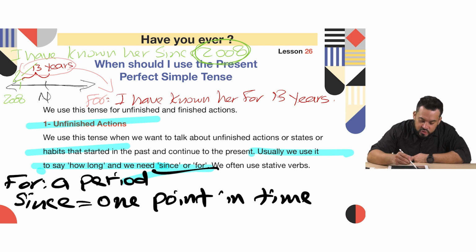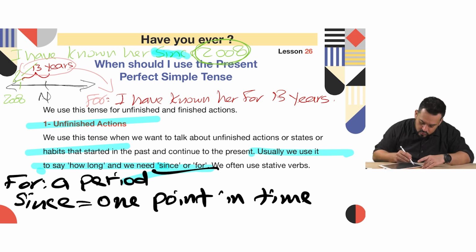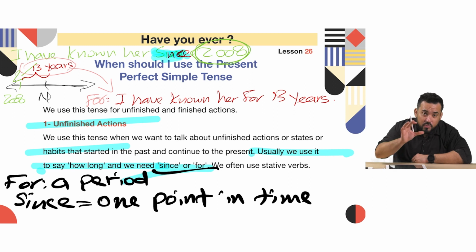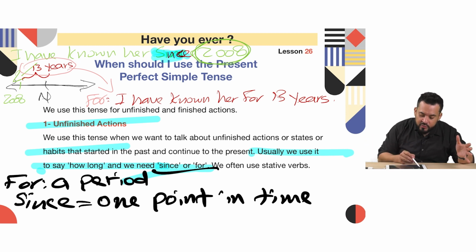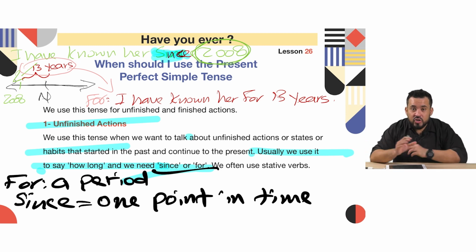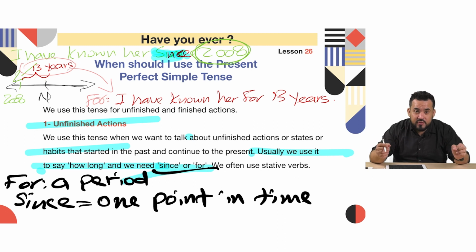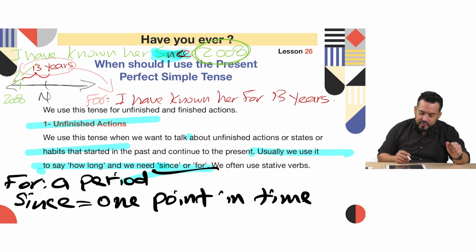Since just talks about one point in time. Okay, so since talks about one point in time when an action has started. I have known her since 2008. While for talks about a period in time, so here the period is 13 years, so I have known her for 13 years. So that is the difference between since and for. Don't get confused using the two.